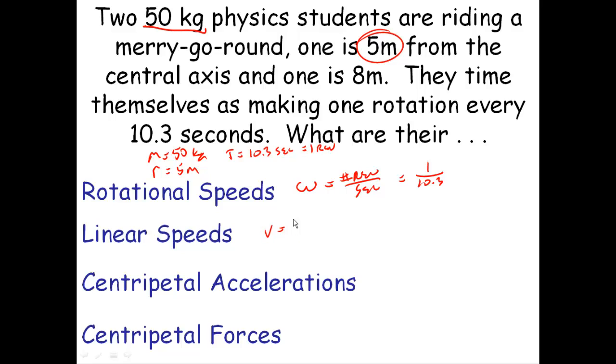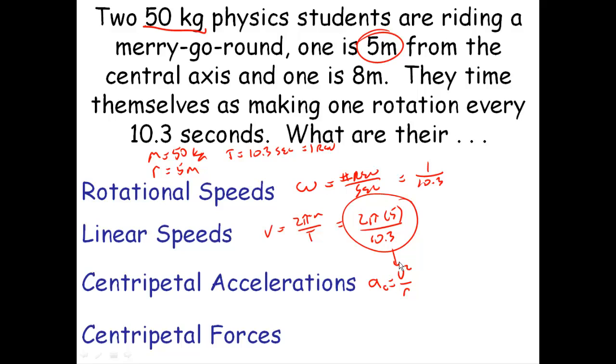The linear speed, v equals 2 pi r over t. 2 pi, we said the radius was 5, and the time was 10.3. So multiply that out. Then centripetal acceleration, v squared over r.